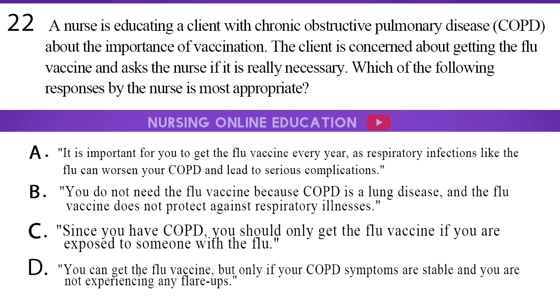B. You do not need the flu vaccine because COPD is a lung disease, and the flu vaccine does not protect against respiratory illnesses. C. Since you have COPD, you should only get the flu vaccine if you are exposed to someone with the flu. D. You can get the flu vaccine, but only if your COPD symptoms are stable and you are not experiencing any flare-ups.